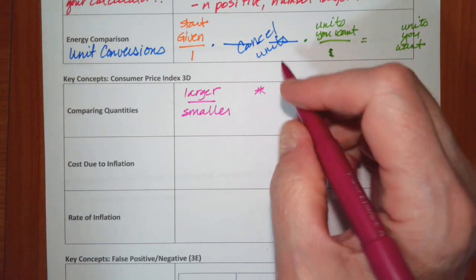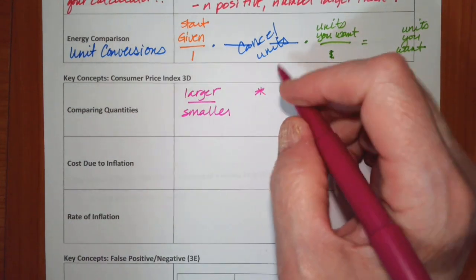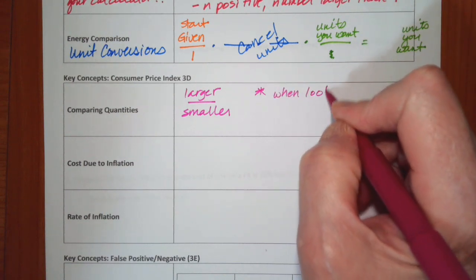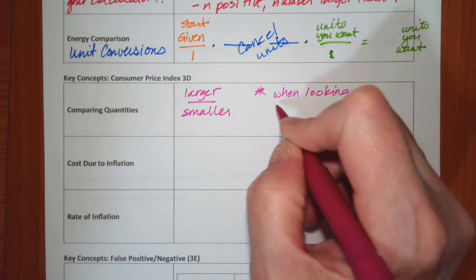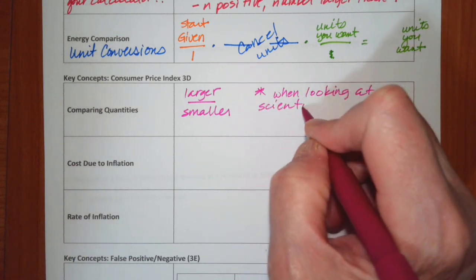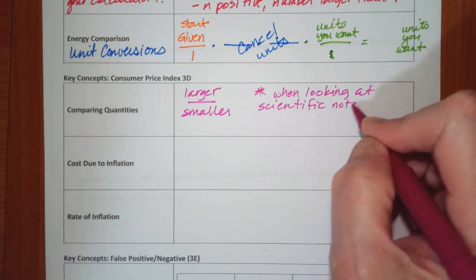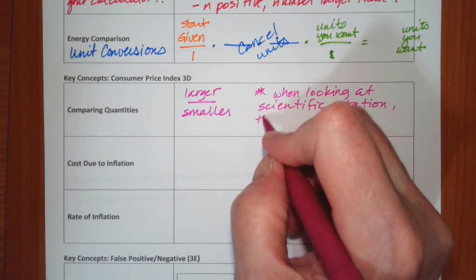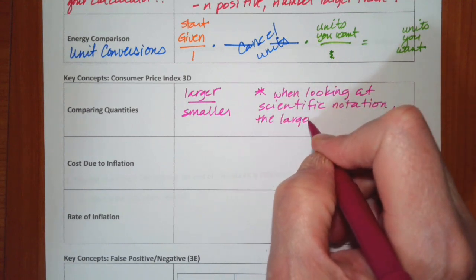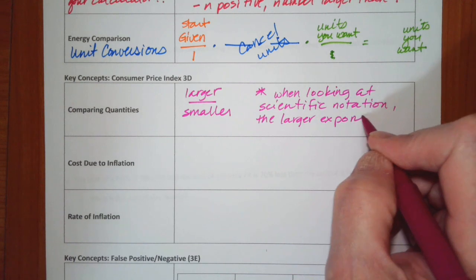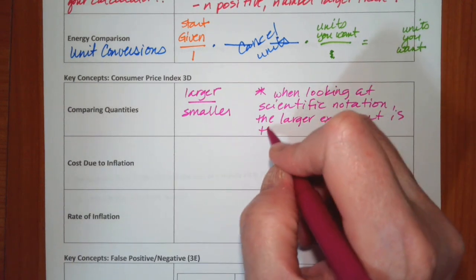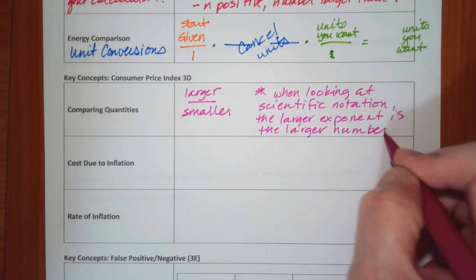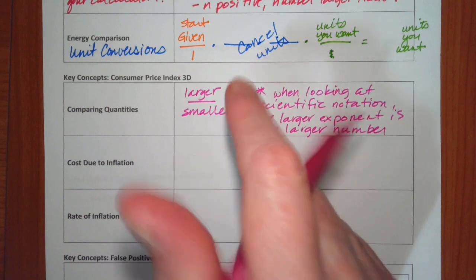And make note, if you're given stuff in scientific notation, the larger exponent is the larger number. And again, these could be CPIs.